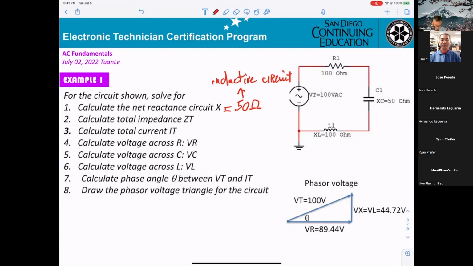Okay, go ahead and let me know: total impedance, total IT, VR, VC, VL.